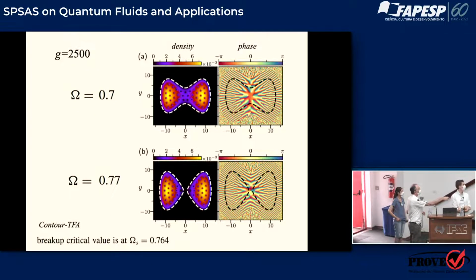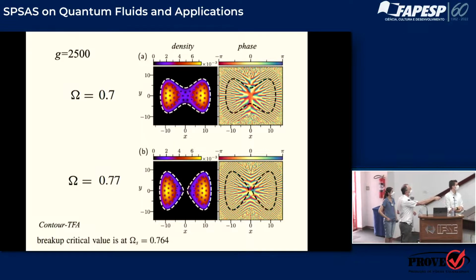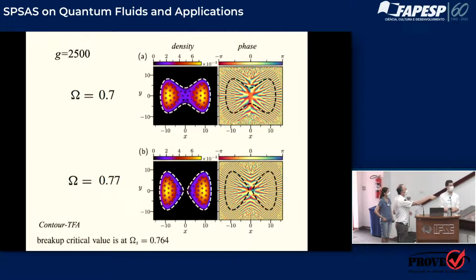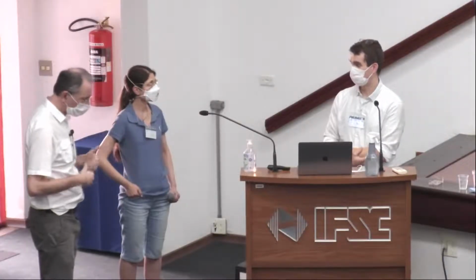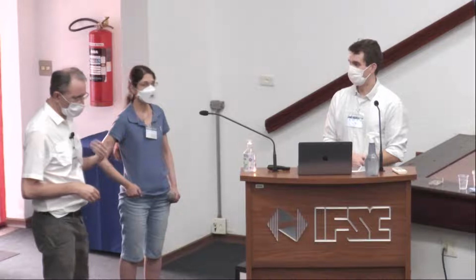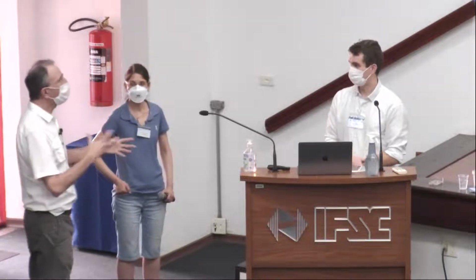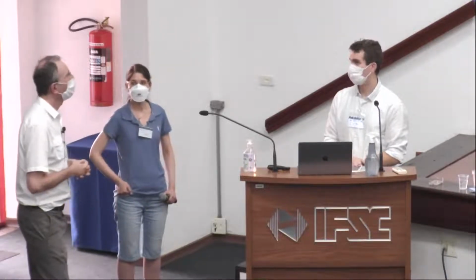So you see in this point outside you have almost zero density, and you say, oh, do I count this vortex or do I not? That's a hard question to answer. We didn't count these vortices that are in very low density. We counted only the vortices that are in, let's say, considerable density, and it agrees with the Feynman formula.